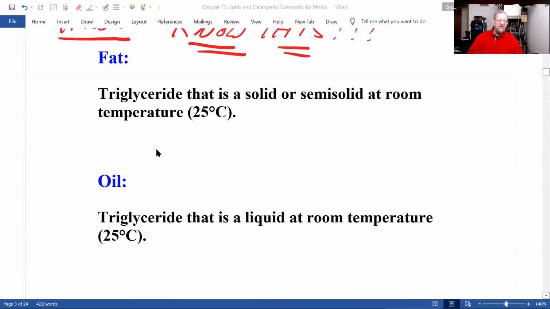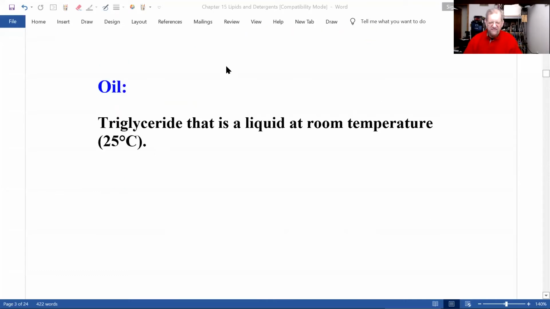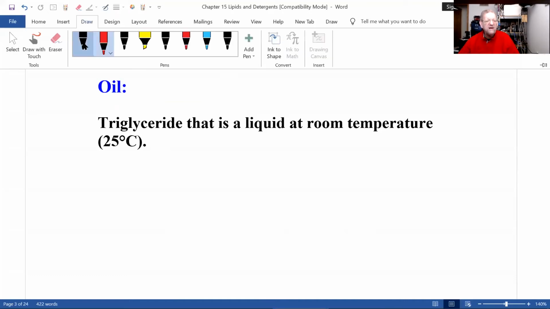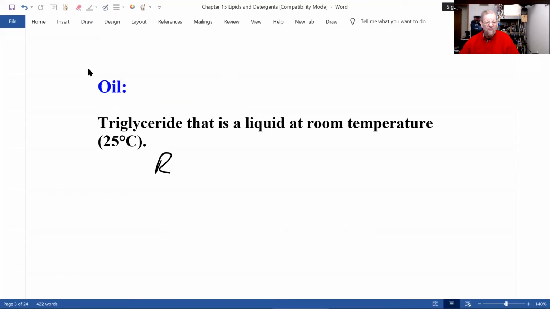Now, what is a triglyceride? Well, let me talk about esters. Now, for synthetic organic chemists, we draw the ester this way.